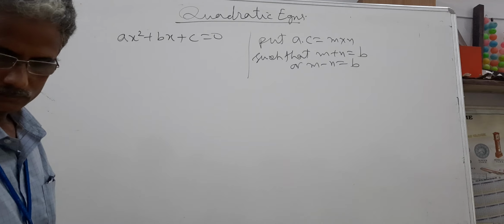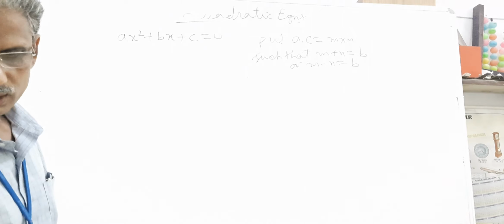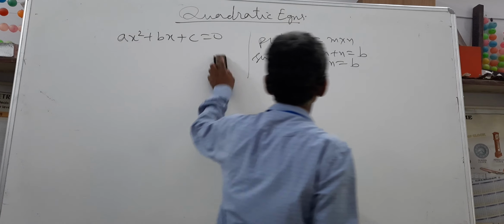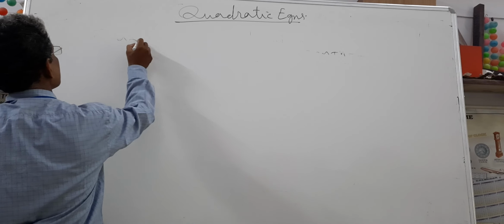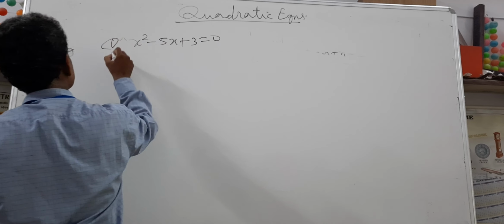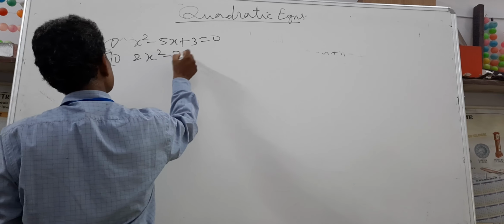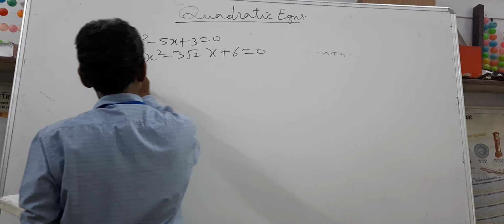Before starting factorization, check whether the given expressions are quadratic or not. Your questions are given as: first, x square minus 5x plus 3 is equal to 0. Second, 2x square minus 3 root 2 x plus 6 equal to 0.